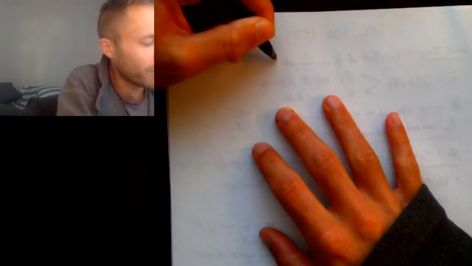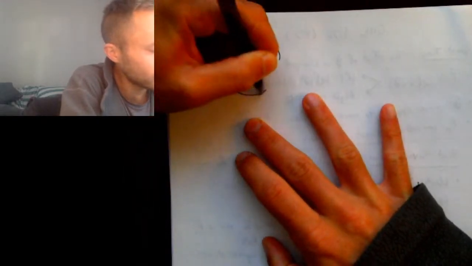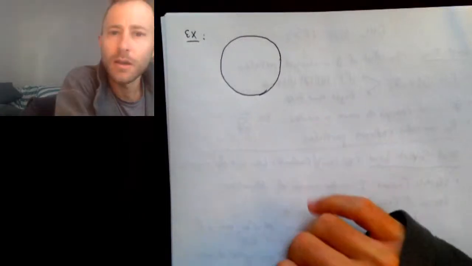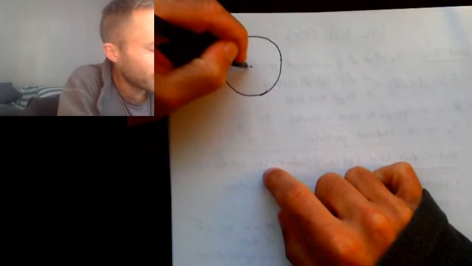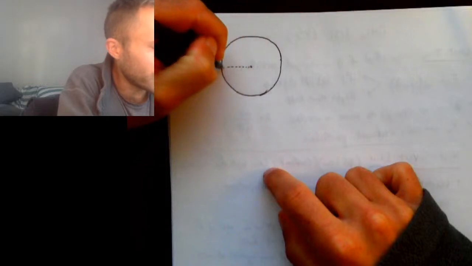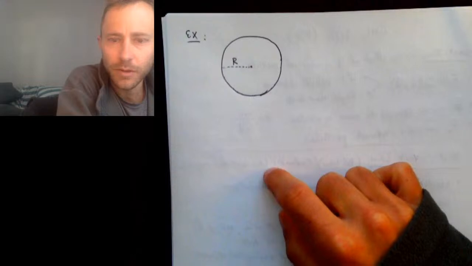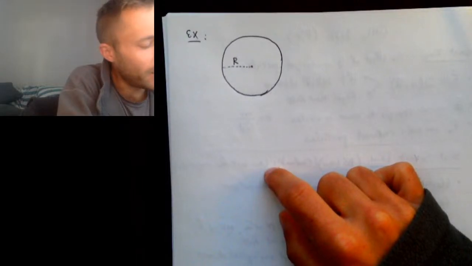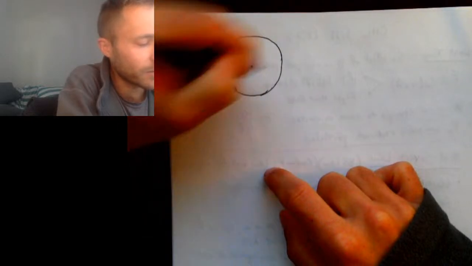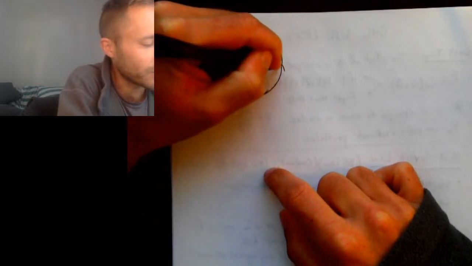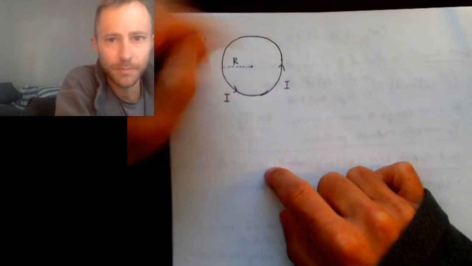So let's say we have a full circle, and that circle has a radius, which we will call big R. And let's suppose it carries current in the counterclockwise direction around this loop.